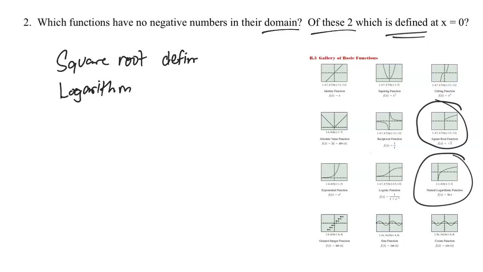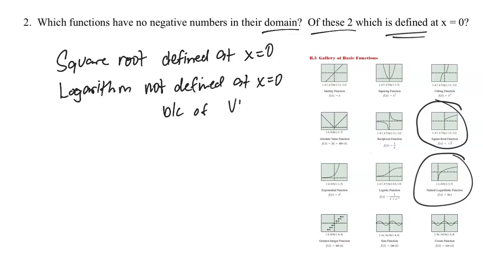And so the square root graph is defined at x is equal to 0. Is the logarithmic function defined at x equals 0? And the answer to that is no, because we have a vertical asymptote at x is equal to 0. So this logarithmic function is not defined at x is equal to 0 because of a vertical asymptote.